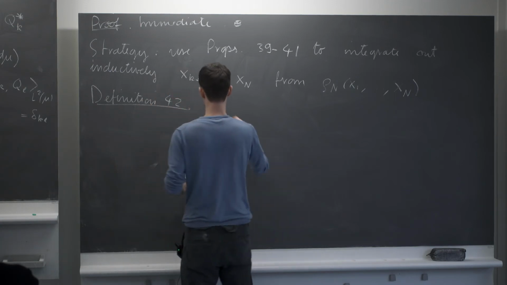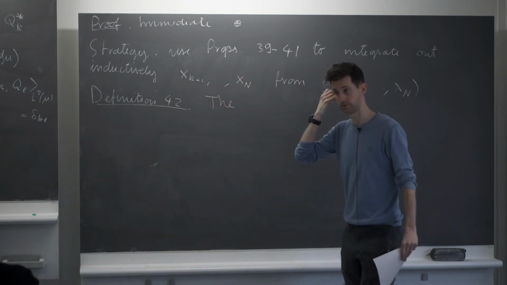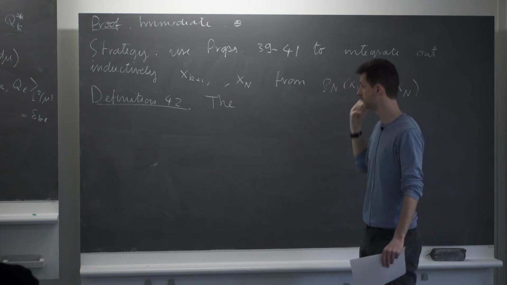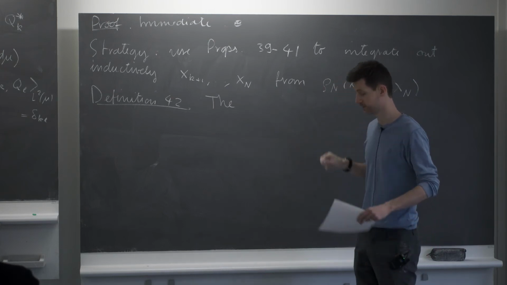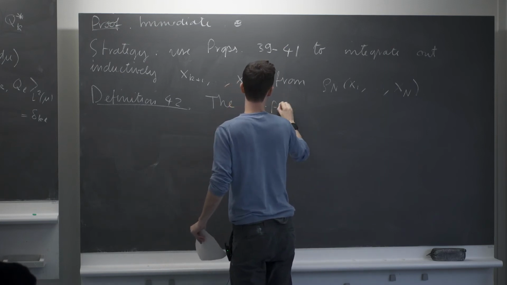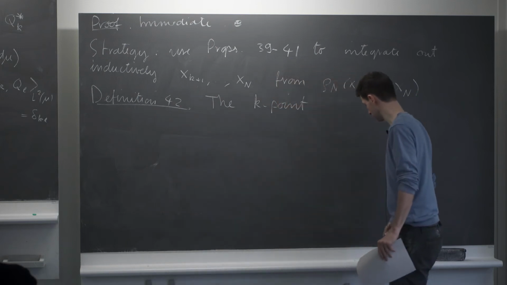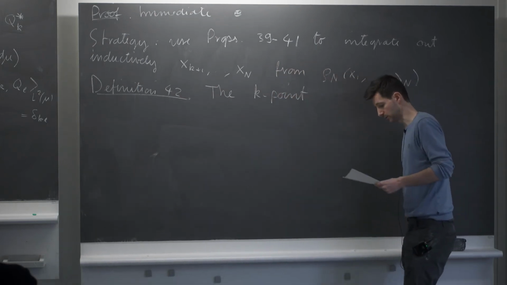So you had an exercise on the final problem set, which was for today, about these k-point correlation functions. There are two definitions which are equivalent, and the equivalence you understood on this problem set.